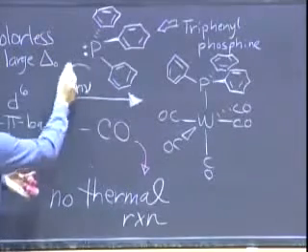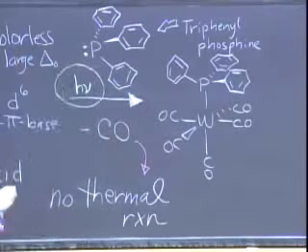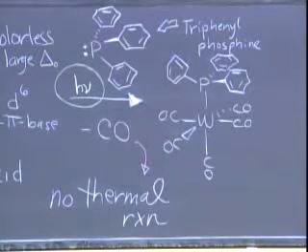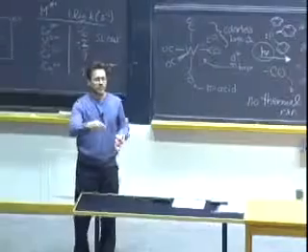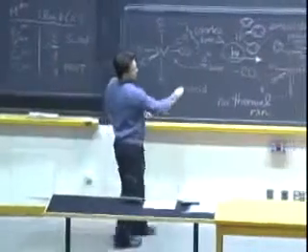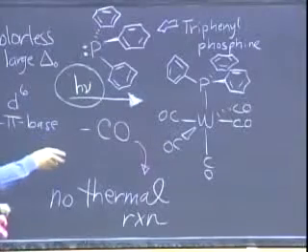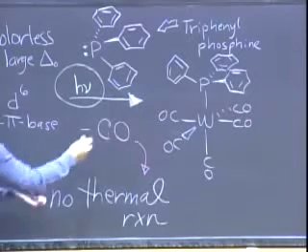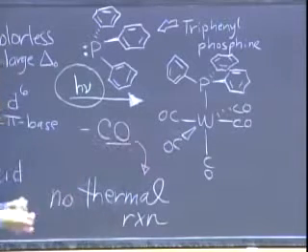and it occurs under the action of UV light. So if you put a photon into the system, for some reason, we can now surmount the energy barrier to the reaction and blow one of the CO molecules away as CO gas.